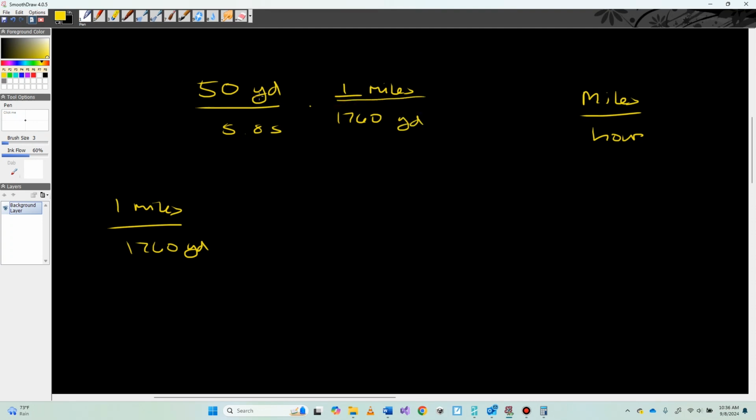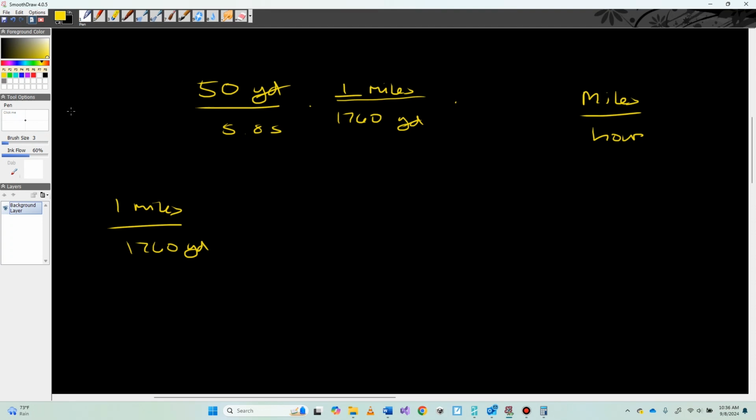So now these cancel. Now I've got the miles converted. So if I were to multiply this out now, I would have 50 times 1 divided by 5.8 times 1,760, and I would have a rate, let's say, in miles per second. That's great, but I need this to be in miles per hour.